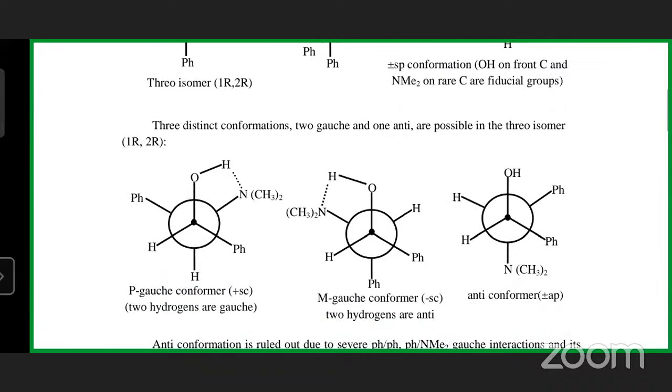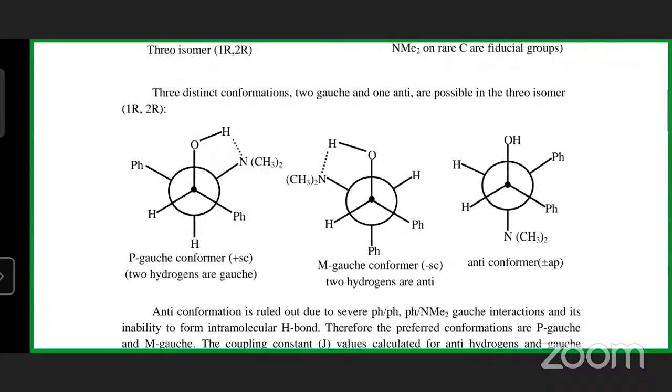Now the other conformer upon rotation of the carbon-carbon bond, then the anti-conformer is more stable.